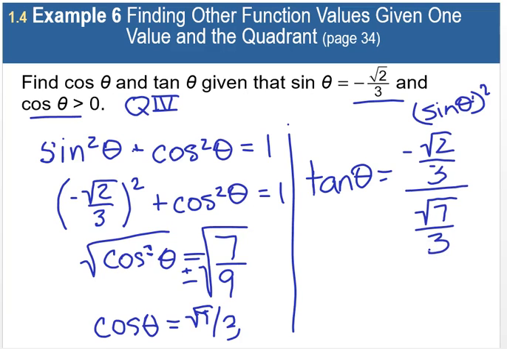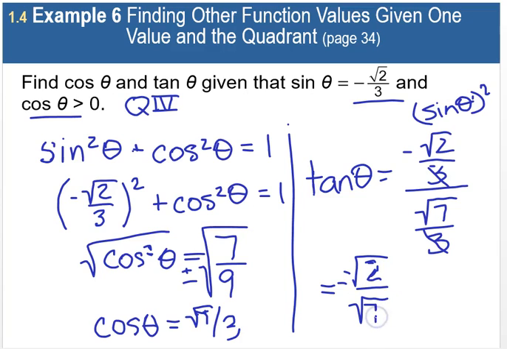Well, our denominators are the same and they end up canceling out, so we get the tangent of theta is equal to the square root of 2 over the square root of 7, and it's the negative of that.